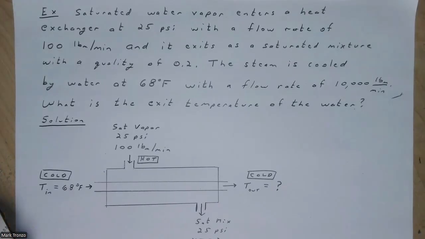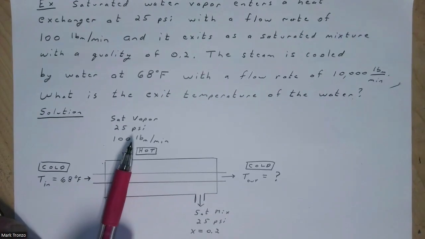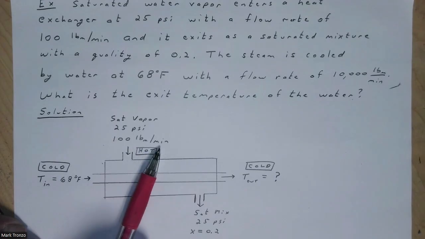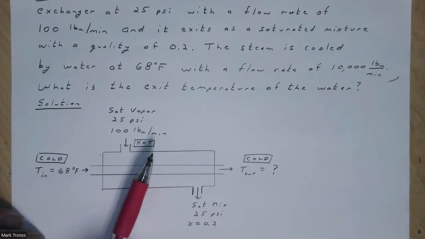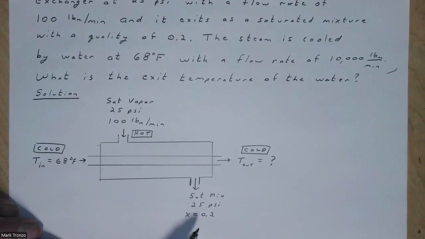So maybe we have a picture something like this. We have saturated vapor entering at 25 psi and 100 pound mass per minute of the vapor. And it's exiting at 25 psi with a quality of 0.2. Obviously, it's a saturated mixture when it exits.